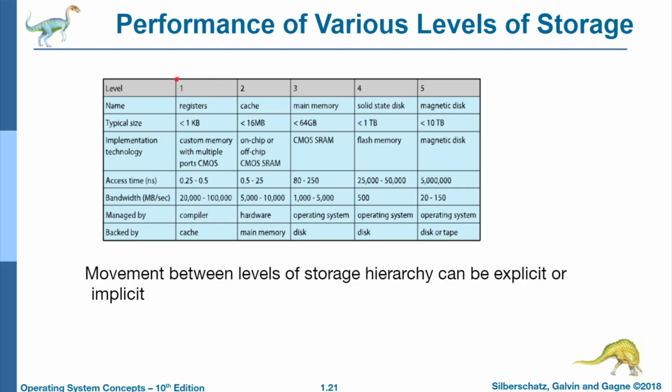Something to realize is as we go from level to level, the actual cost of using a particular storage goes down significantly. Registers tend to be very expensive, and there are very few of these on each CPU. Typically, they're less than a kilobyte worth of data. Sometimes we can even consider them in the tens or dozens of bytes.